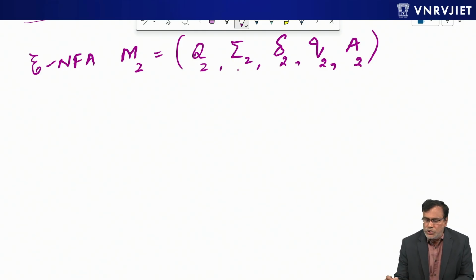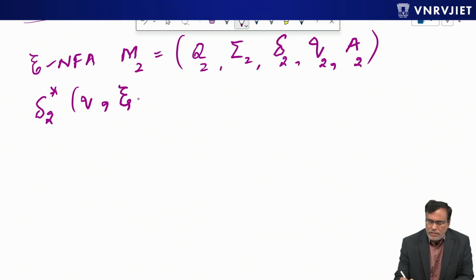Now, we are going to look at the definitions of this epsilon NFA. In the previous video, I used the transition function name delta. Here I am using delta 2. Delta 2 star of q, epsilon is what?